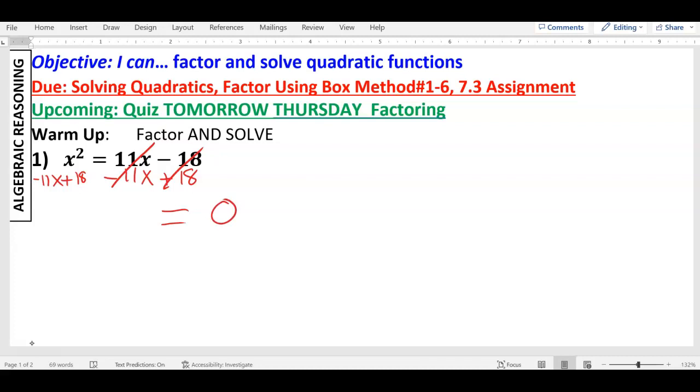Now on the left side, we have x squared minus 11x plus 18. Each of those terms are different. You cannot combine those terms, right? So x squared minus 11x plus 18, you literally write them next to each other. That's how you do that.